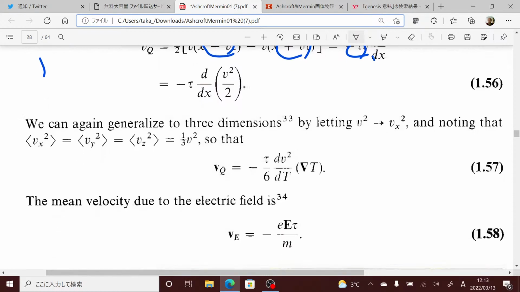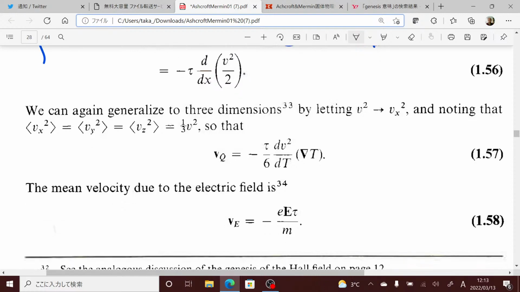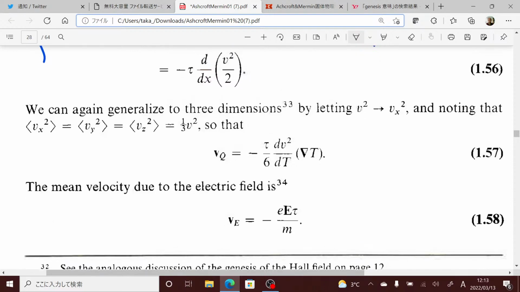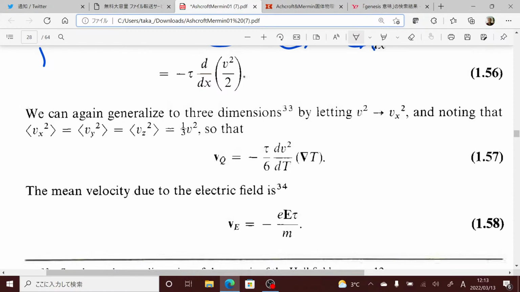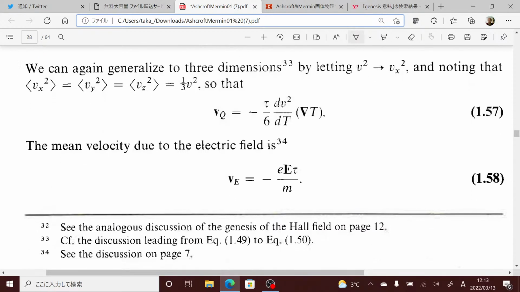The mean velocity due to the electric field is v equals minus E τ divided by m.